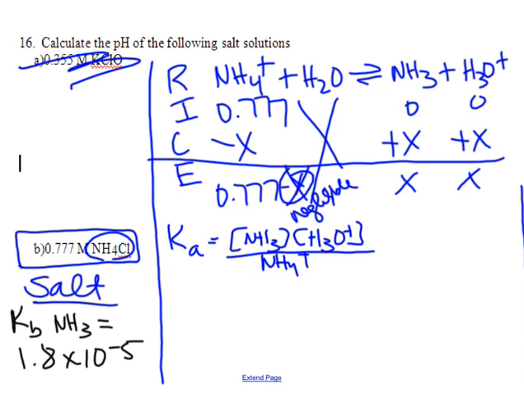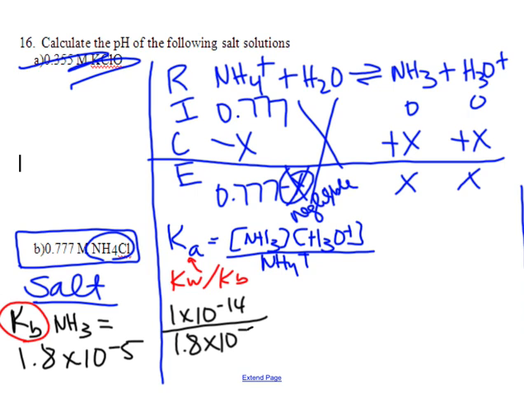No, they gave us the Kb of ammonia, of the conjugate. So we're going to say that the Kw divided by the Kb is going to be equal to that. So I'm just going to go ahead and plug that in. And so I get 1 times 10 to the negative 14th divided by 1.8 times 10 to the negative 5th is equal to x squared over 0.777.